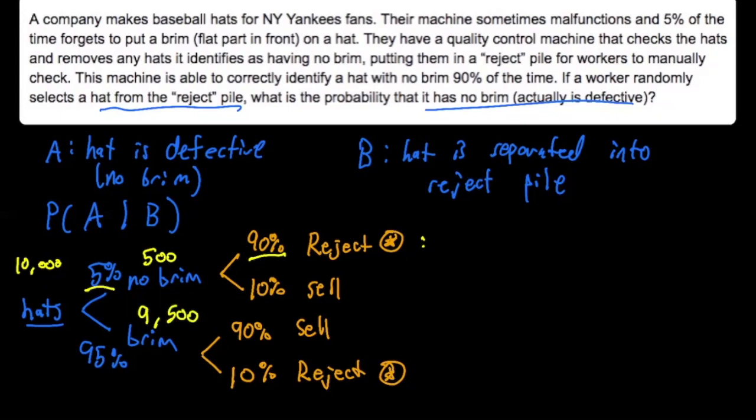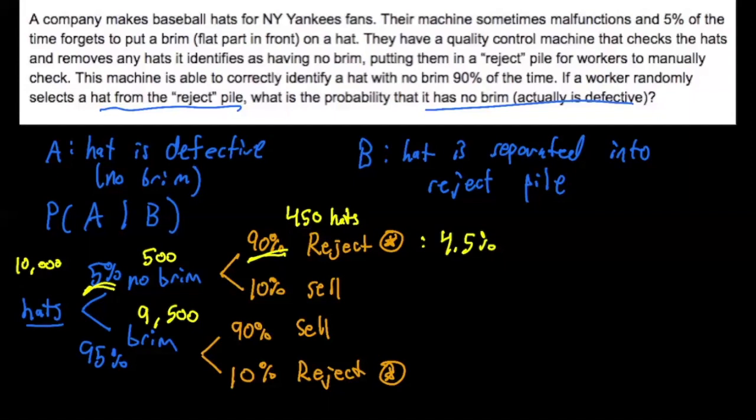And then of that 500, 90% are correctly identified and rejected. So 450 hats. If we multiply these percentages, 5% and 90%, then we can see that we end up with 4.5% of the total hats, which is the same as 450 out of 10,000.